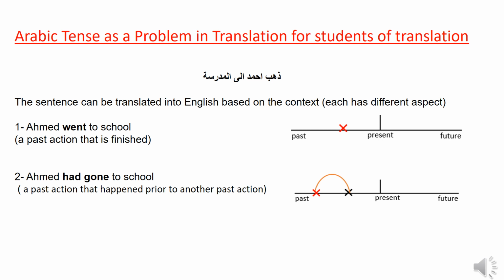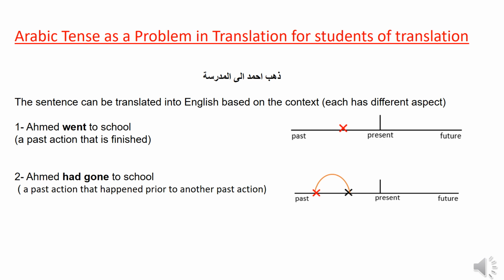If we consider the Arabic tenses, you can see that Arabic tense has a problem in translation for students of translation. For example, ذهب أحمد إلى المدرسة. Here it is a sentence which can be translated into English based on the context in which it has two different aspects. As you can see, we have two different timeline charts.